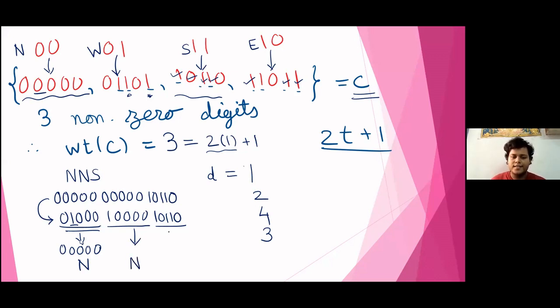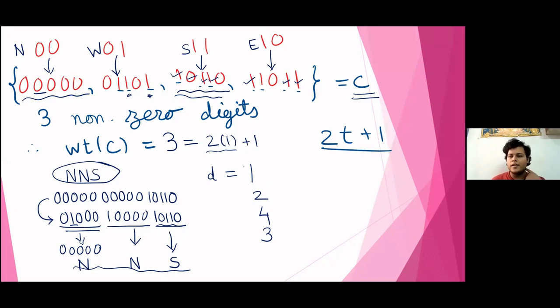And in this one, we see that this code is the same as this one. So we can directly conclude that it is S. So N, N and S. So we have corrected a single error in this code, and the message that was intended is the same as interpreted.